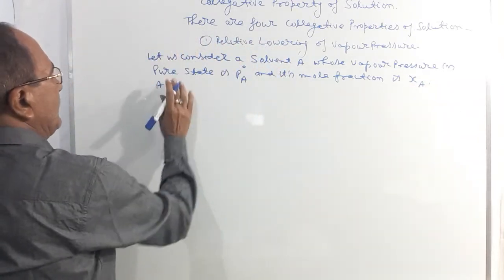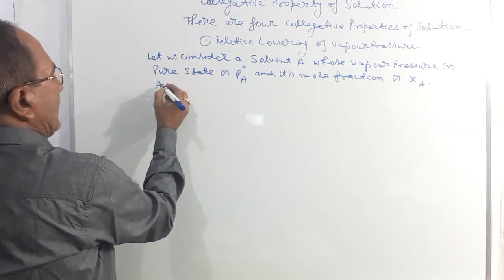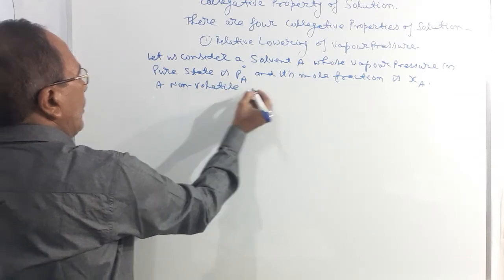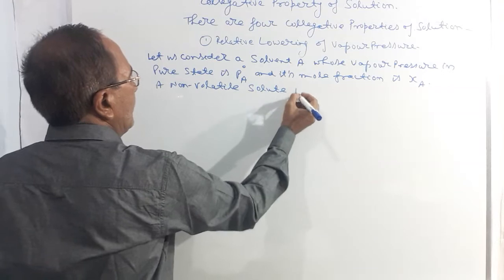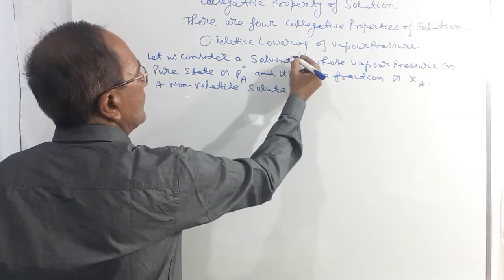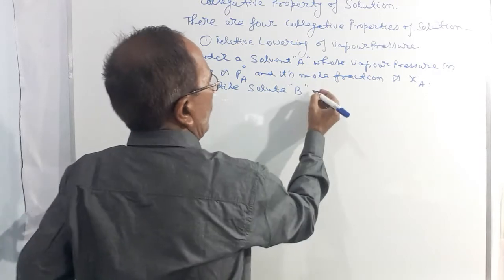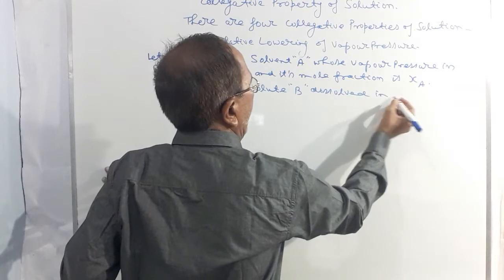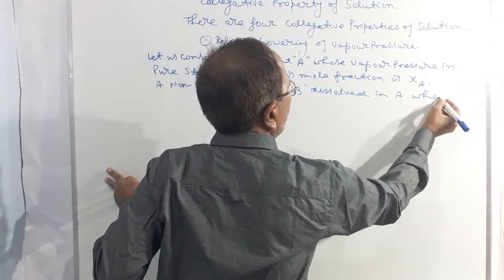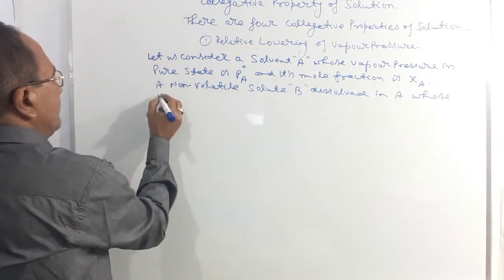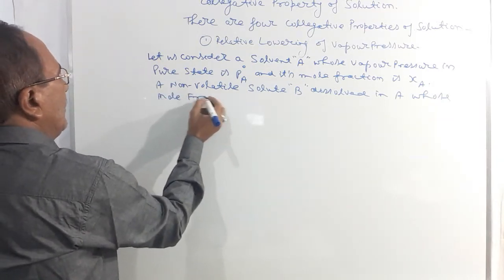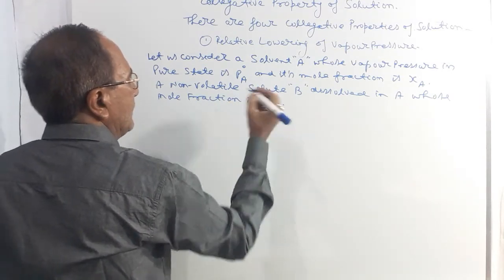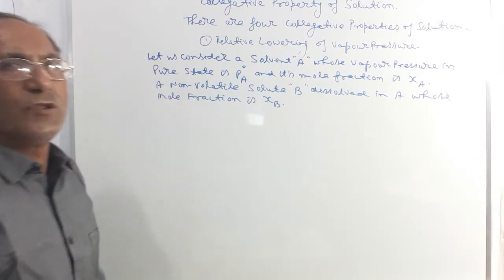A non-volatile solute B is dissolved in A, whose mole fraction is XB. Clear?